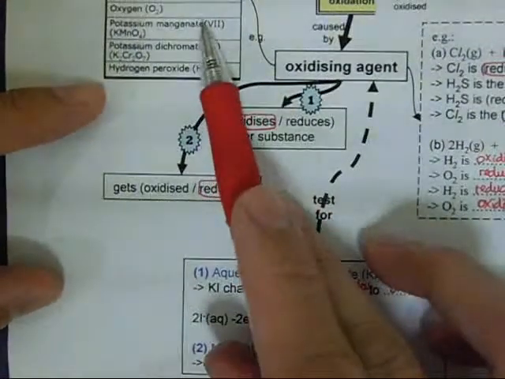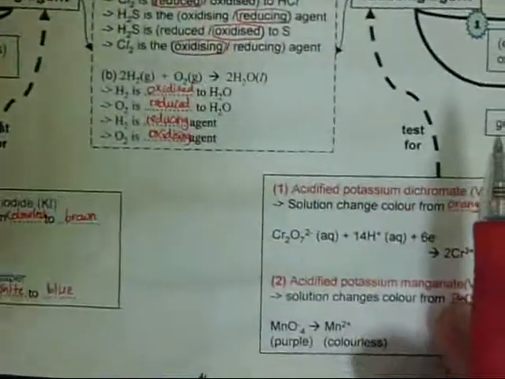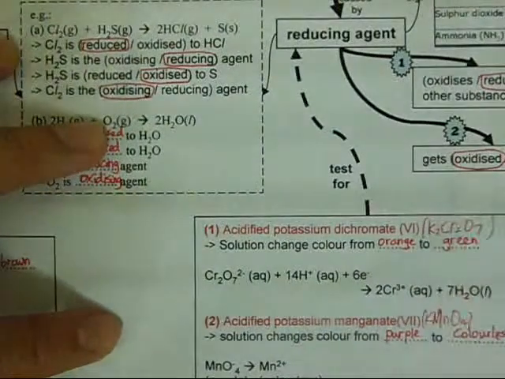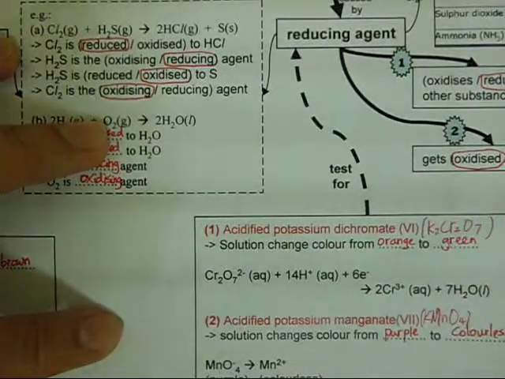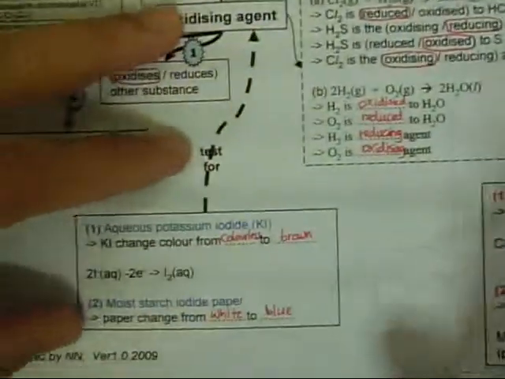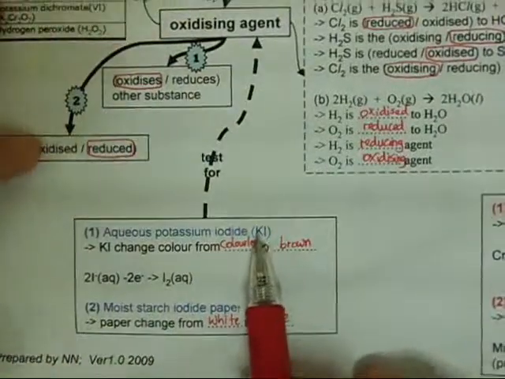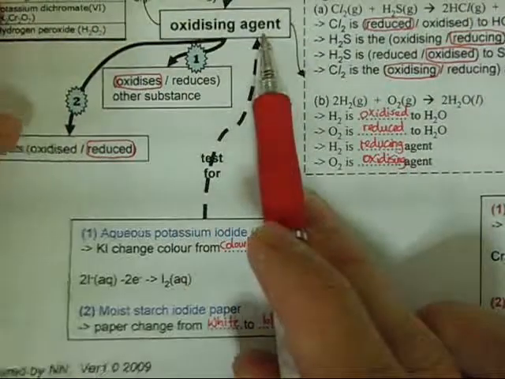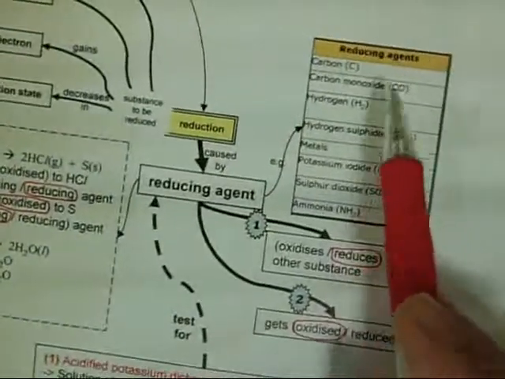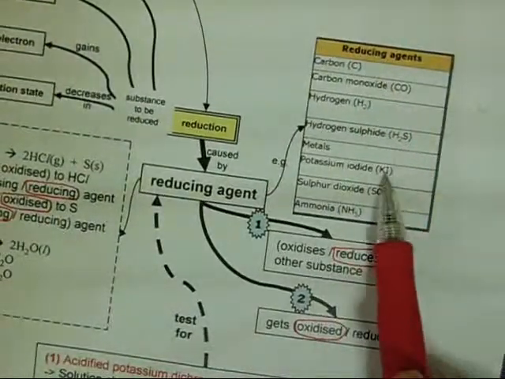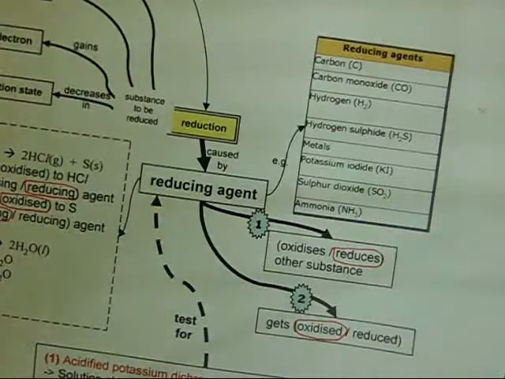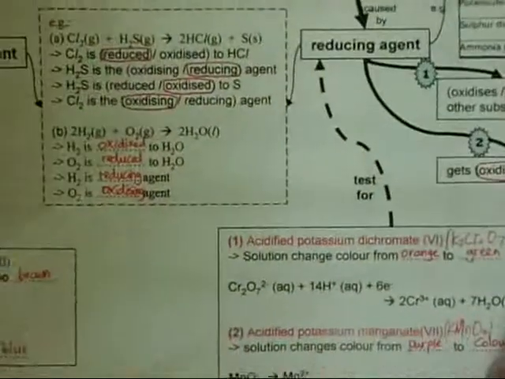So basically, you use an oxidizing agent to test for a reducing agent, and you use a reducing agent to test for an oxidizing agent. Because just now the KI, which can be used to test for oxidizing agent, is actually a reducing agent.